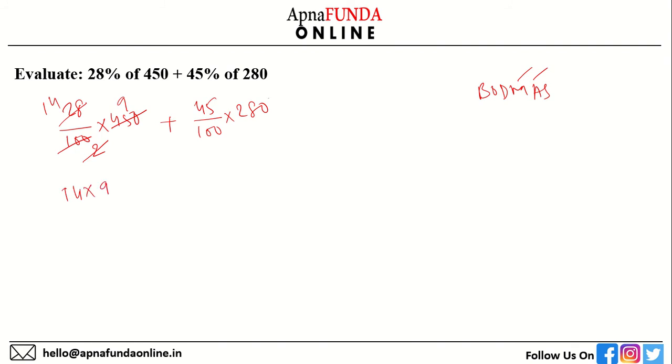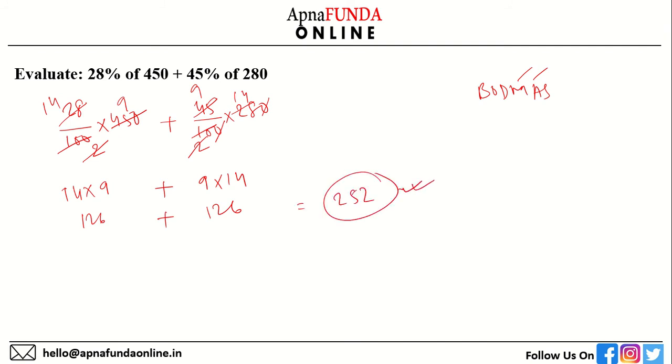So 14 into 9 gives me 126. 9 into 14 gives me 126. The final result will give me 252. I hope you have solved this question along with me, and the answer that you have also got is 252.